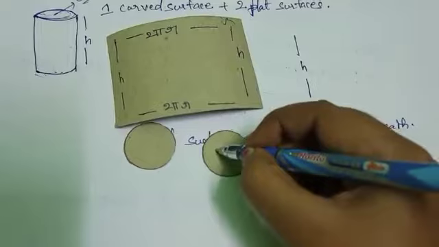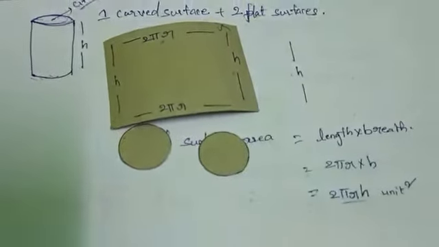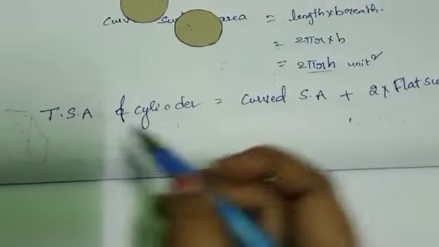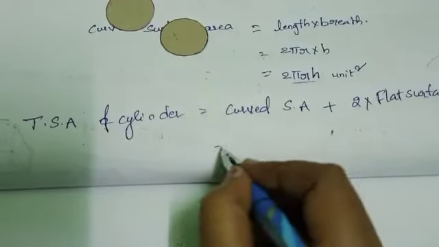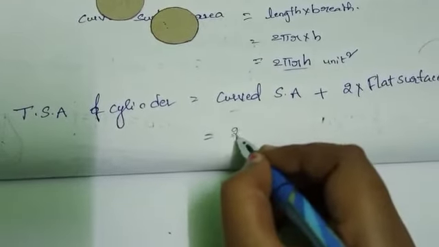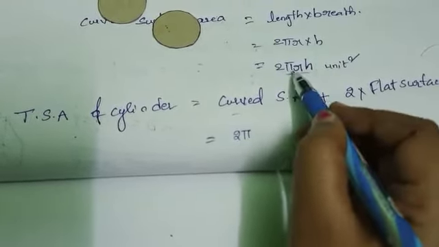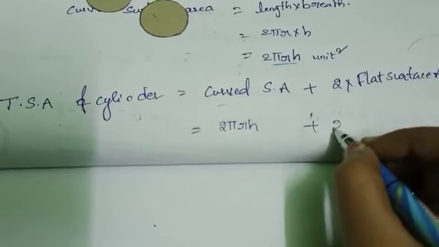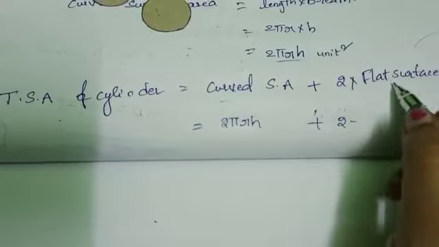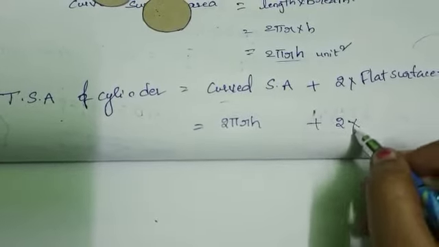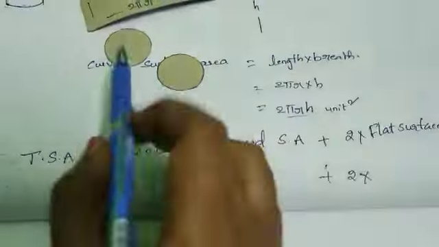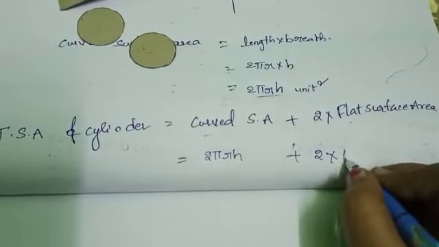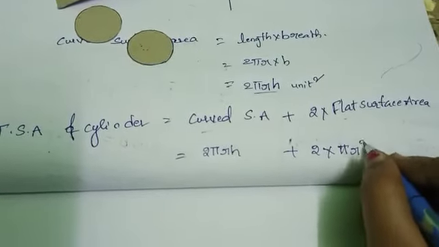Pi r square. Total surface area of cylinder equal to curved surface area, 2 into pi into r into h, plus 2 times of flat surface area. 2 into pi r square.